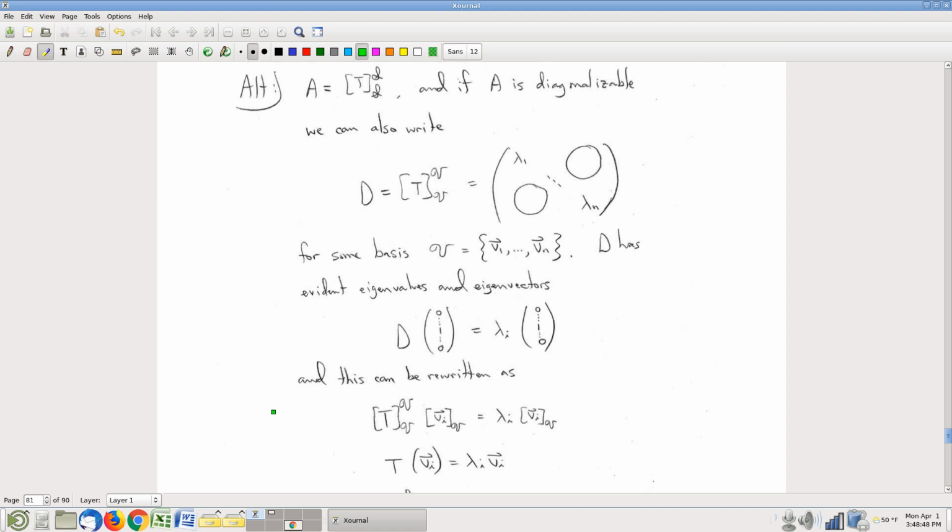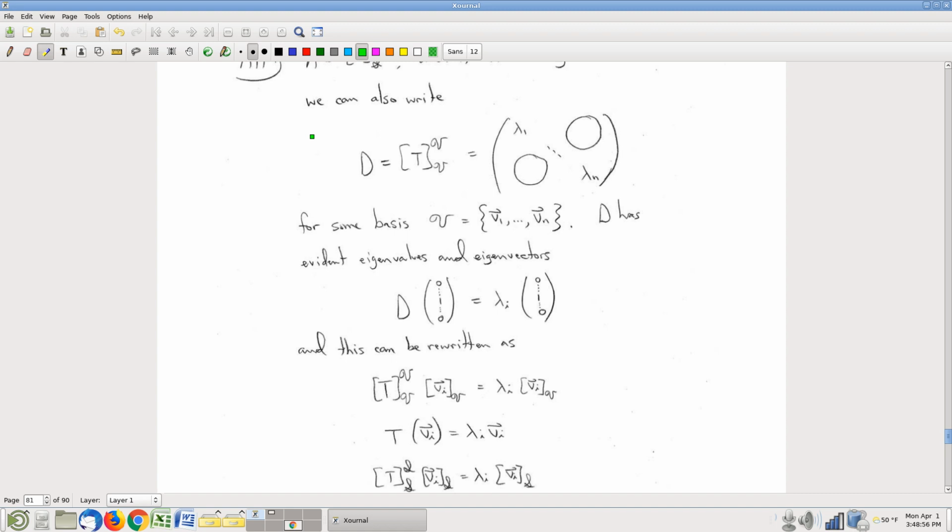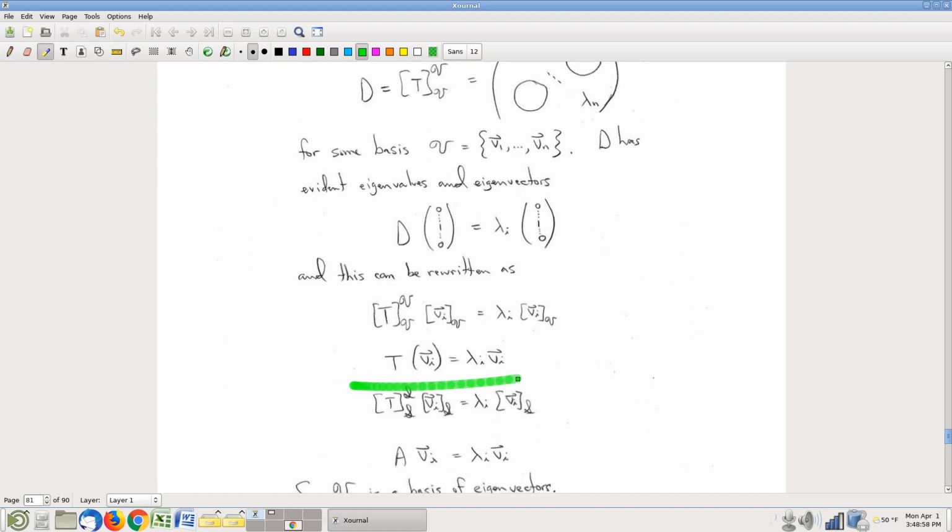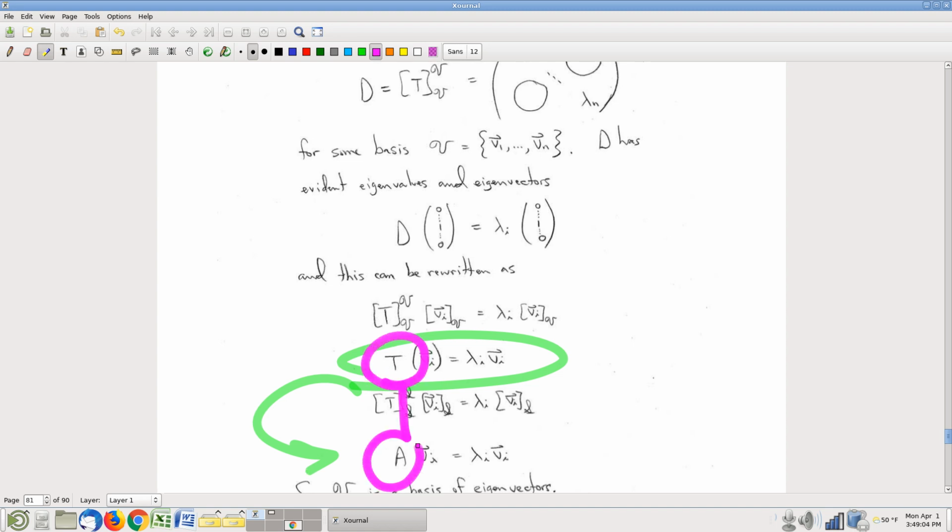My goal is to understand how this relates to the matrix A. The matrix A is in the language of the standard basis. So all of these things, if I want to translate into the language of the standard basis, T becomes A with respect to the standard basis. Everything else, these are just the vectors.